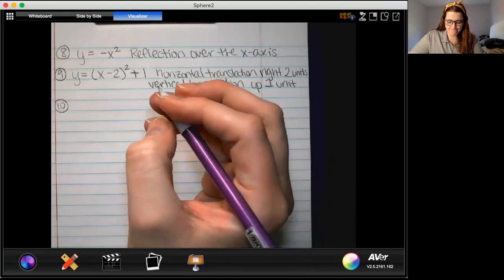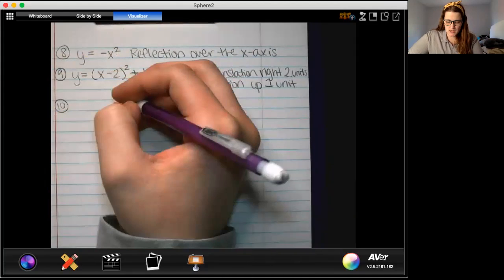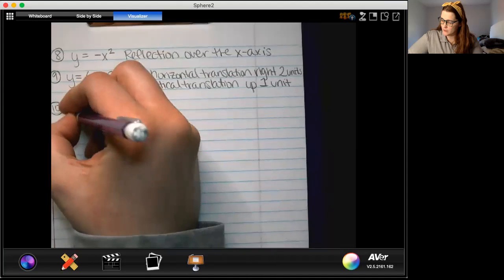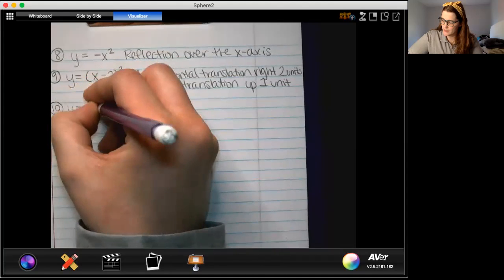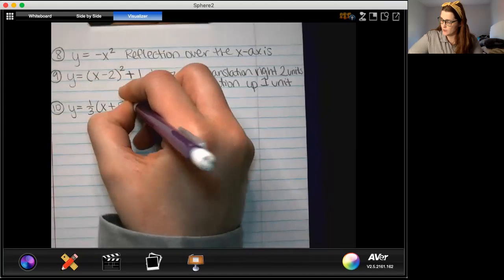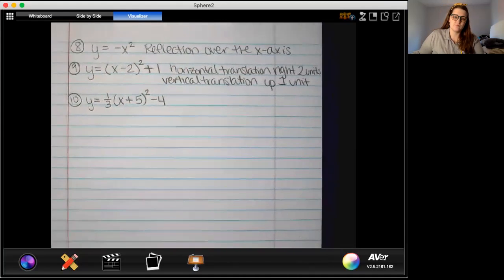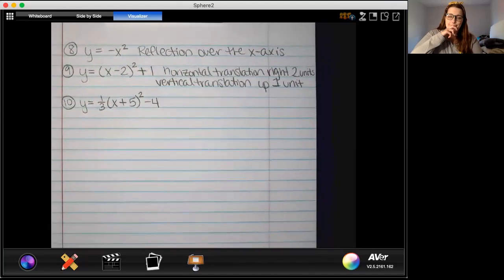Okay, let's try number 10. y equals 1/3 times (x plus 5) quantity squared minus 4. What about this one?